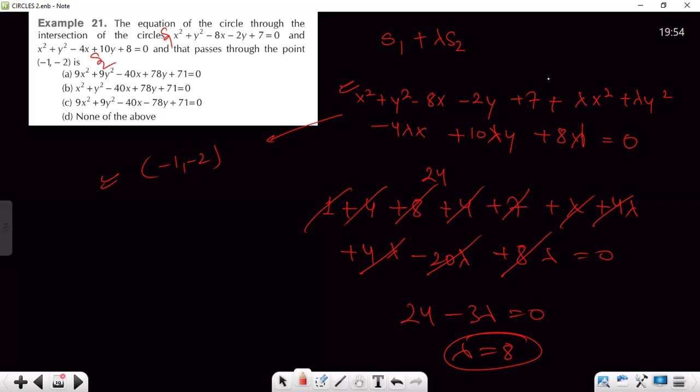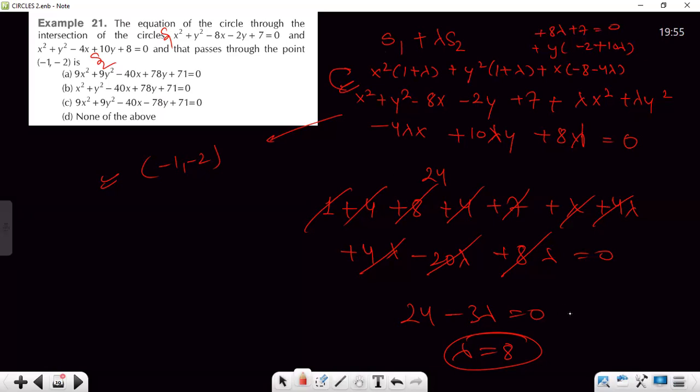So x square into (1 plus lambda) plus y square into (1 plus lambda) again, plus x into (-8 minus 4 lambda) plus y into (-2 plus 10 lambda), and then 8 lambda plus 7 is equal to 0.